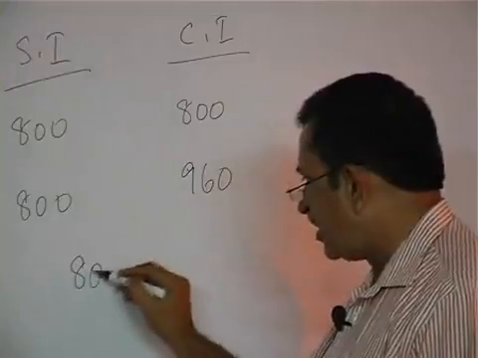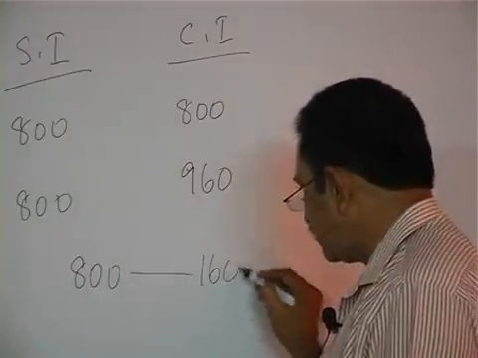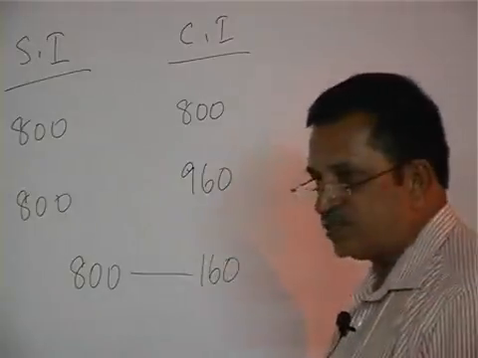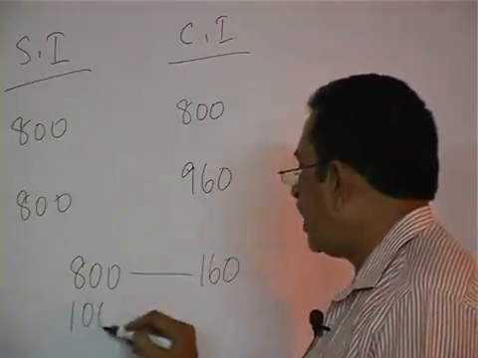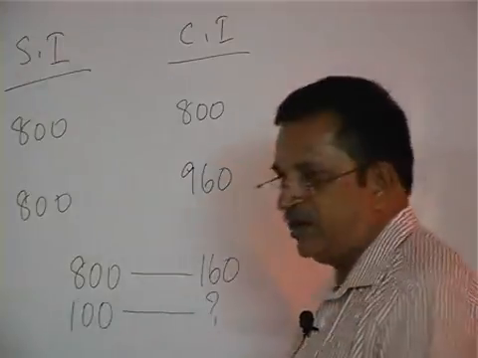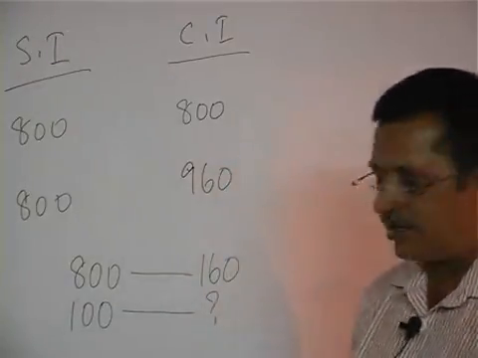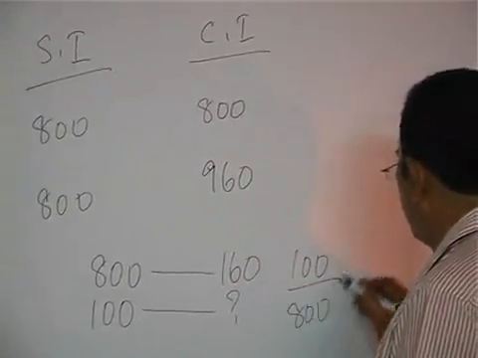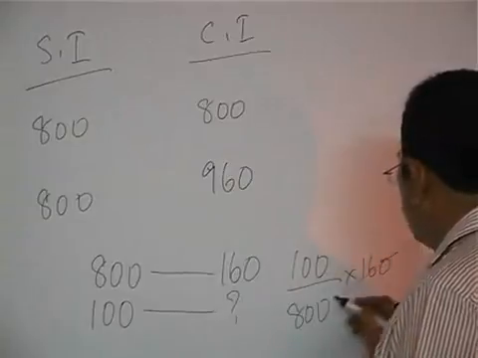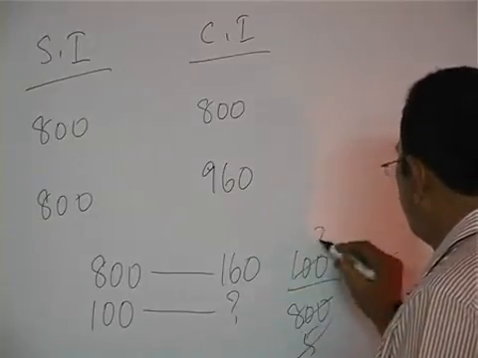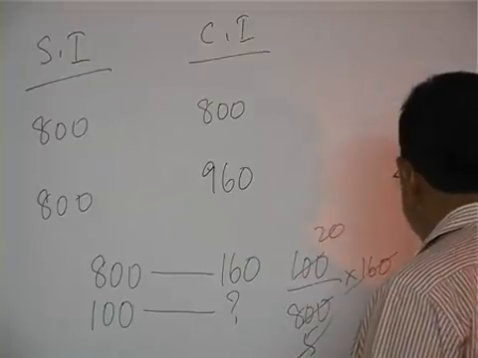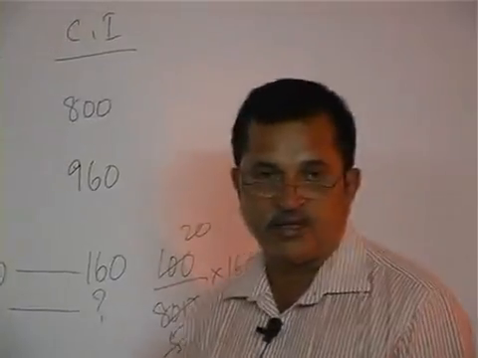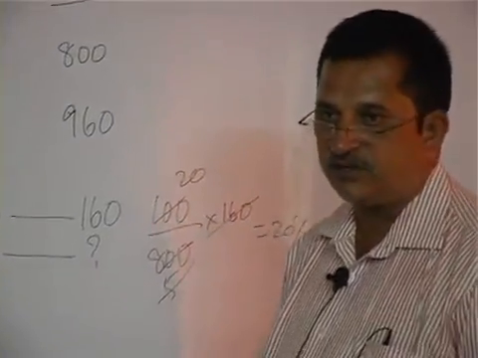So, for 800 rupees, the interest we are getting is 160, is it not? 800 if the interest is 160, for 100 what would be the interest? It will be less. Less by more into 160. 160's 5 20. So rate of interest is 20%.